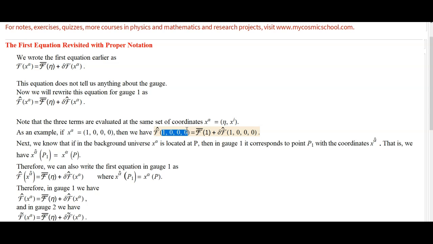But the way this framework is constructed, I should be able to visualize this expression at the same set of coordinates in the perturbed universe, which means these coordinates 1, 0, 0, 0 can also be the coordinates of a point in the perturbed universe.